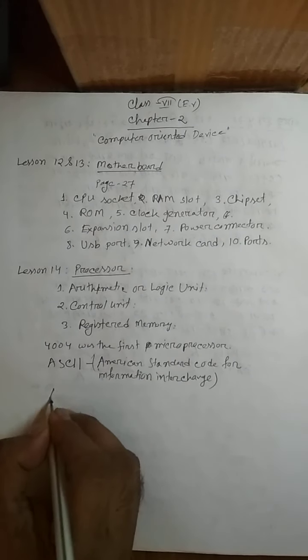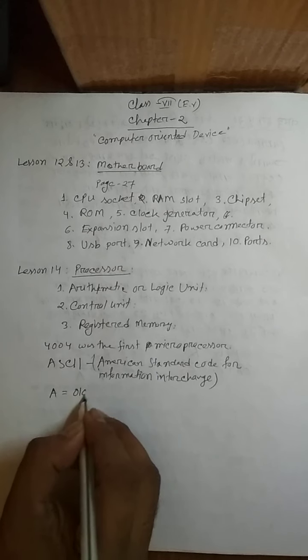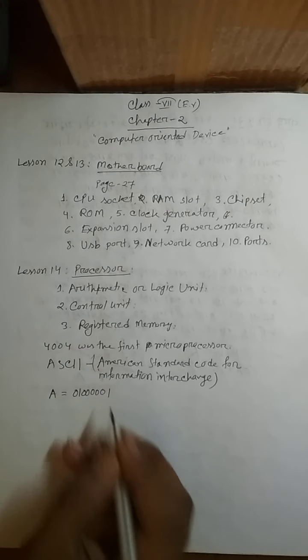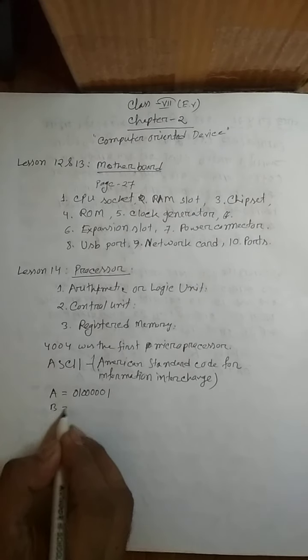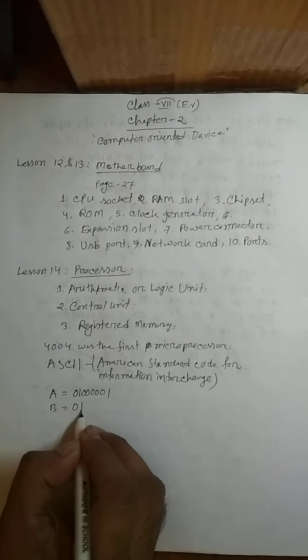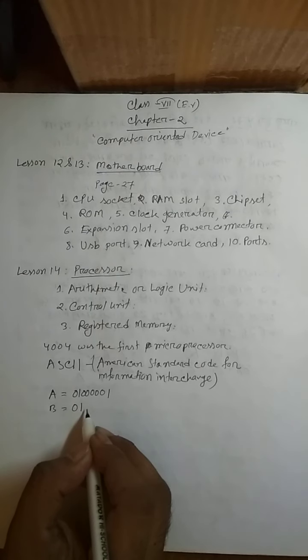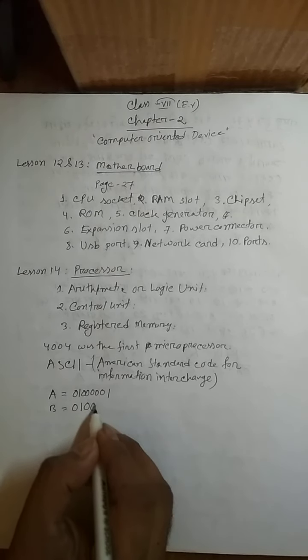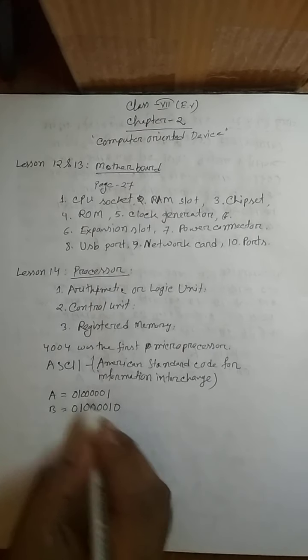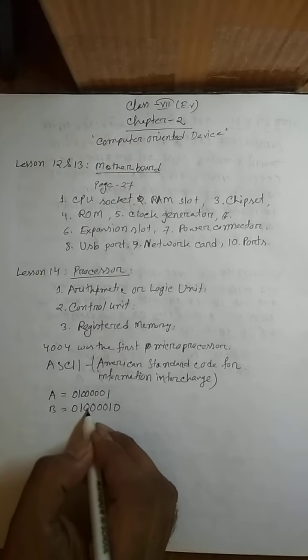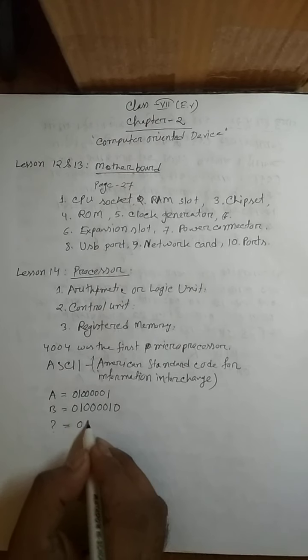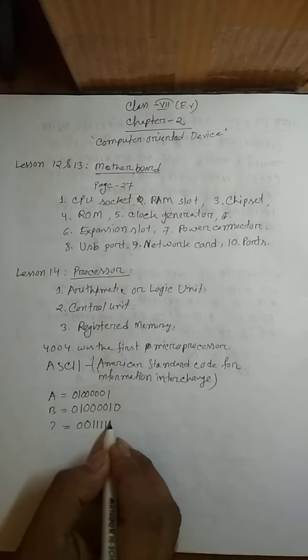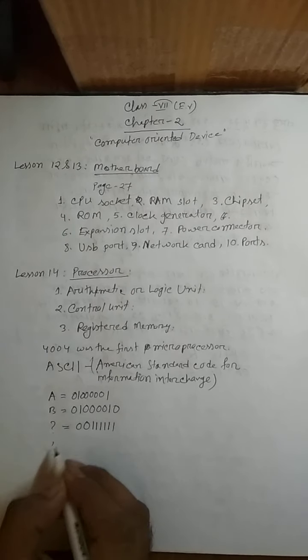According to the code, A is equal to 01000001. B means 01000010. Question mark means 00111111, and comma means another code.